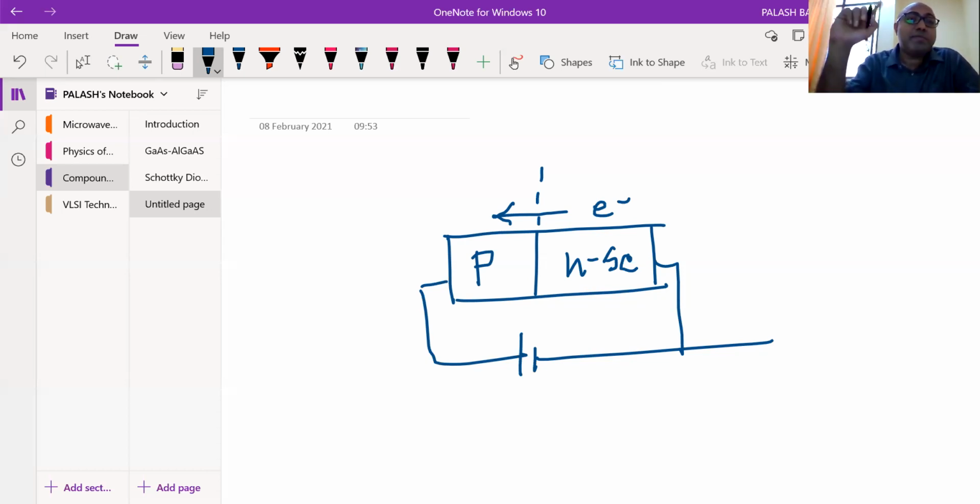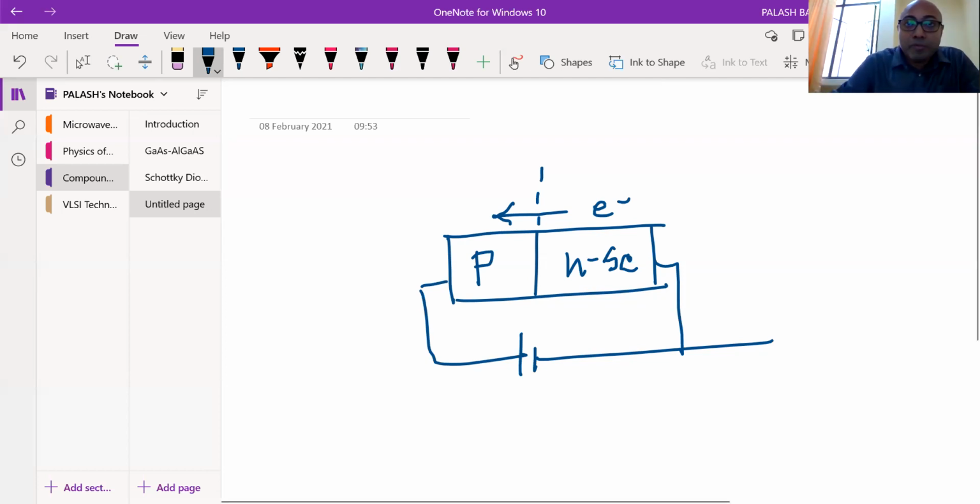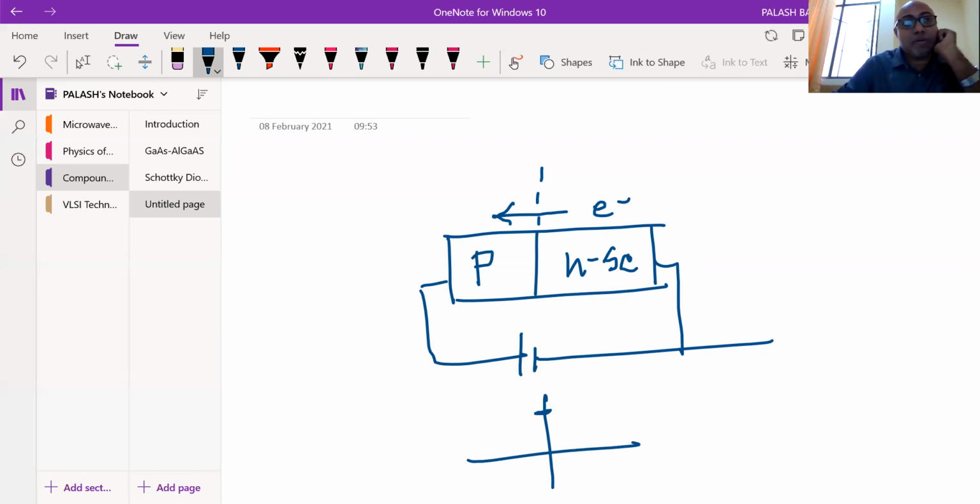So whatever current you are getting in a PN junction diode is because of diffusion. If you remember our graph, our drawing, the electron diffuses out, because it has become a minority carrier. There is no other way. It has to diffuse out. So whatever current we are getting is a diffusion current.